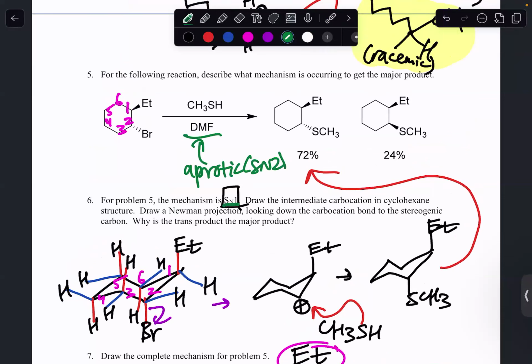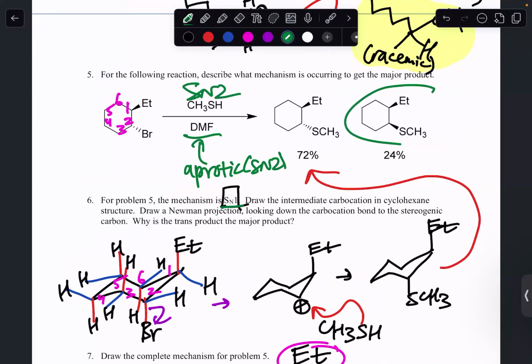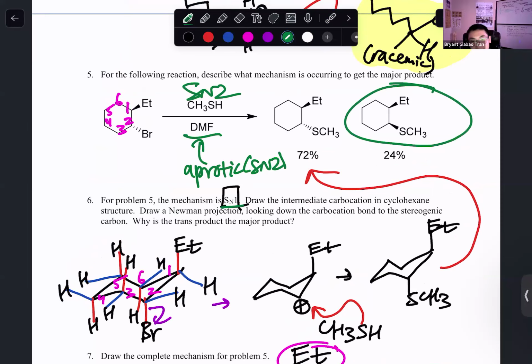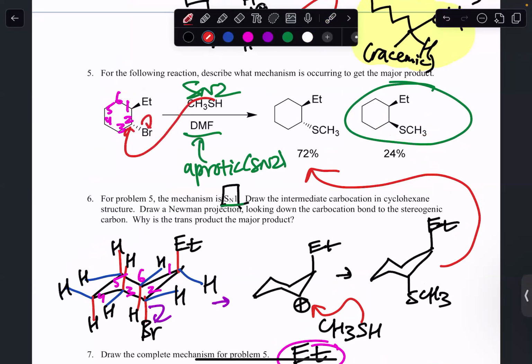So you agree that the mechanism is SN1, or would you have said it was SN2? I would have said SN2. And I would have said this is the major product right here. Do you know why I would have said this is a major product? What happens to the stereochemistry here when this nucleophile attacks? Inversion, right? Invert the dash to a wedge.